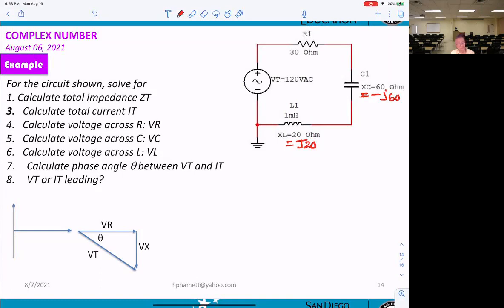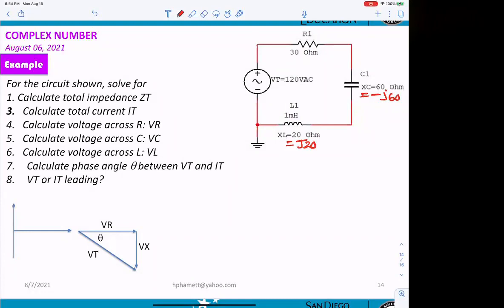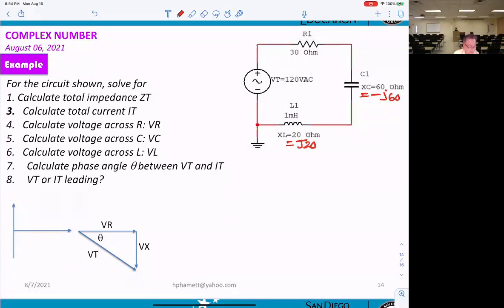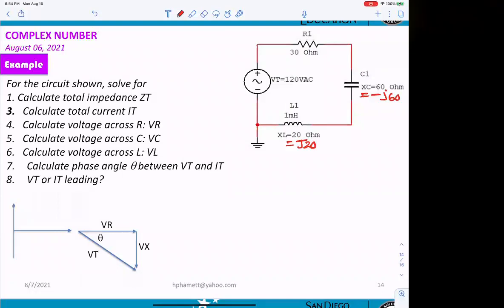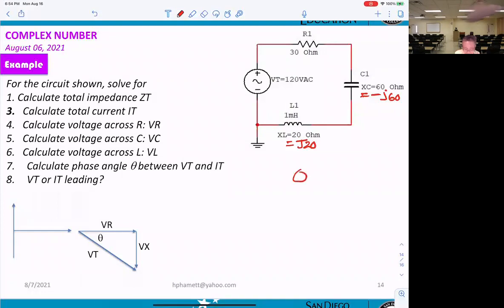You cannot solve for both C and L separately. In the past, we already did it. You have to say which one is higher, XC or XL? XC is higher, so it's 60 minus 20, which is 40. So it'd be minus J40. That means you can get this circuitry.